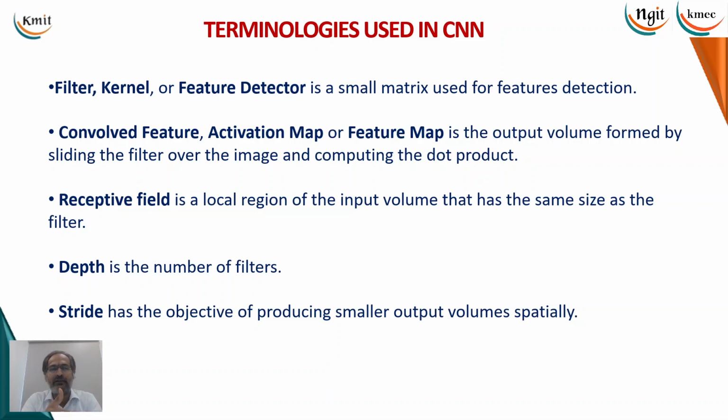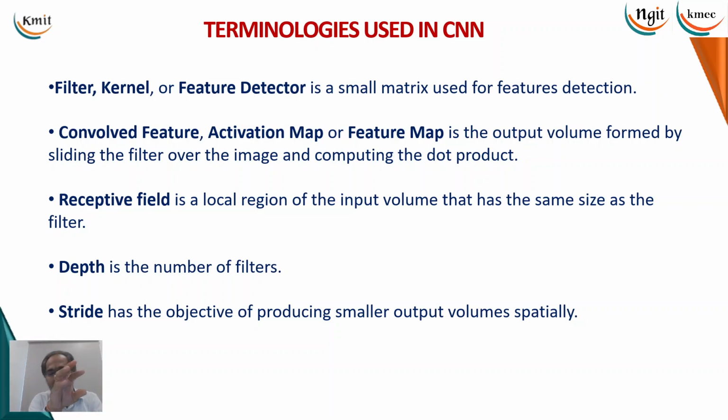So all these represent the same thing: convolved feature, activation map, or feature map. And receptive field means we are taking the matrix and placing it on top of the image and moving over the image.